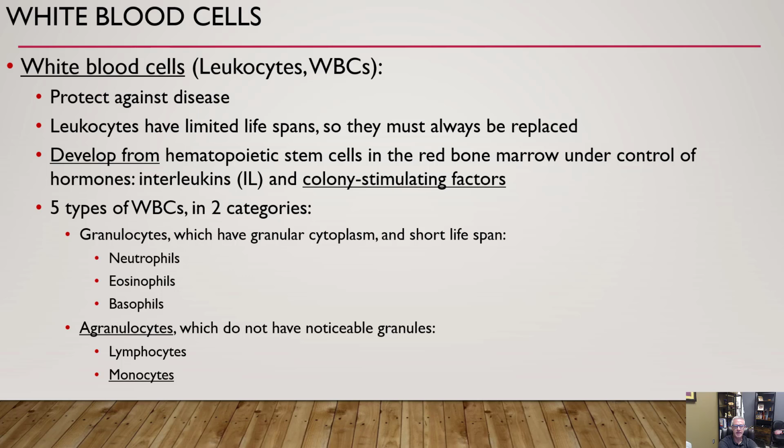If they do have granules, we can say that they are granulocytes. If they don't have granules, or they don't look like they have granules when we look at them in a microscope, we say that they are agranulocytes. So granulocytes are neutrophils, eosinophils, and basophils, and agranulocytes are lymphocytes and monocytes. And I guess I should say that the interleukins and colony stimulating factors are the ones that actually stimulate the production of white blood cells.